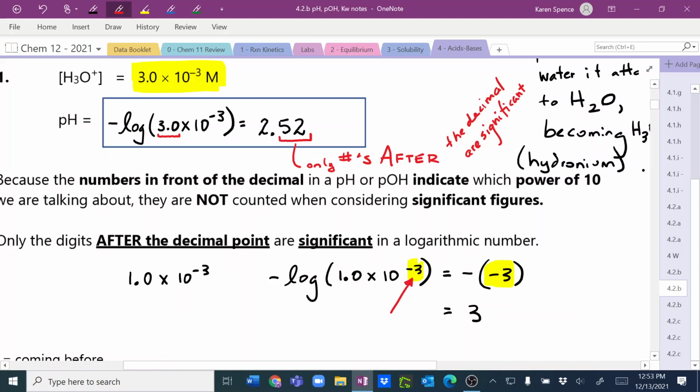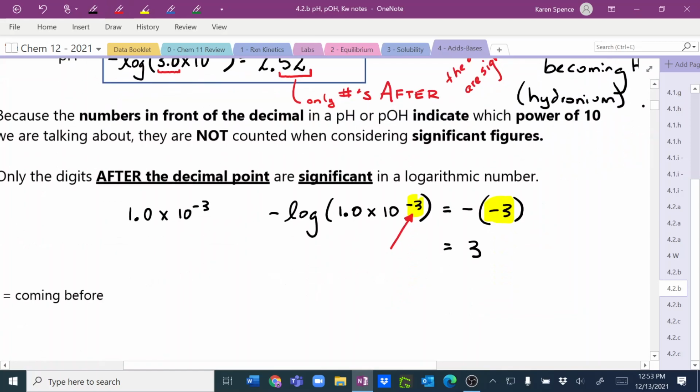Do we count that when we count our significant figures? No. So that is not a sig fig. So that means that this 3 is not a sig fig.